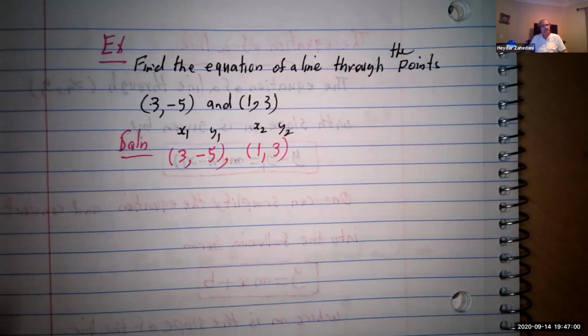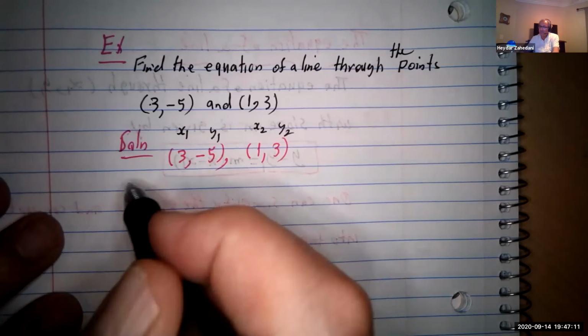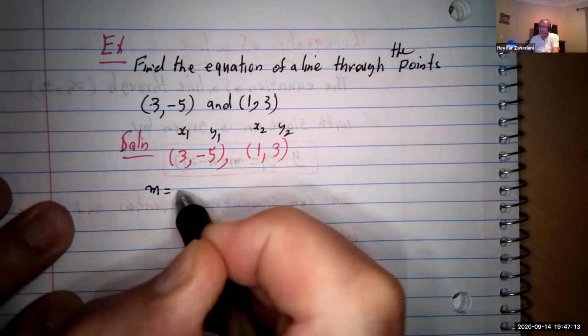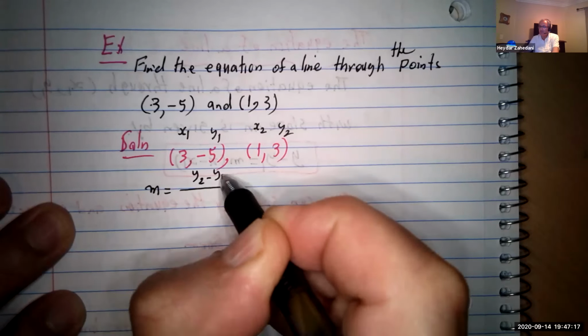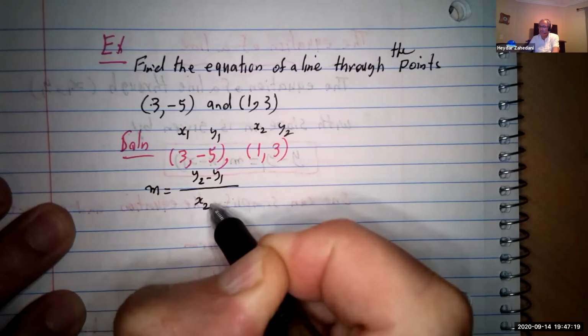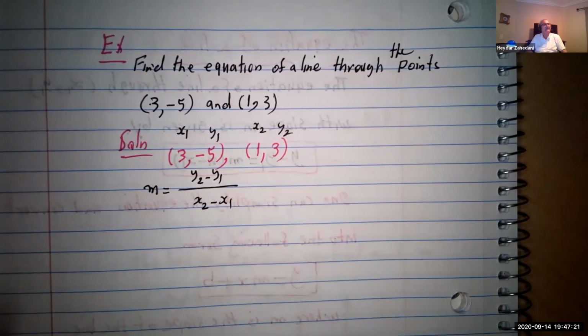Remember the formula for the slope. Rise over run, y2 minus y1 over x2 minus x1. So m equals y2 minus y1 over x2 minus x1. That's your formula.